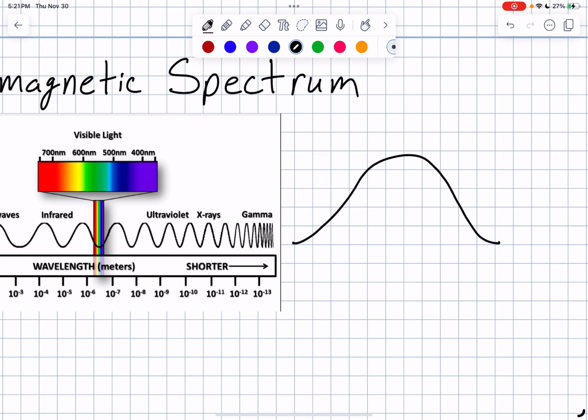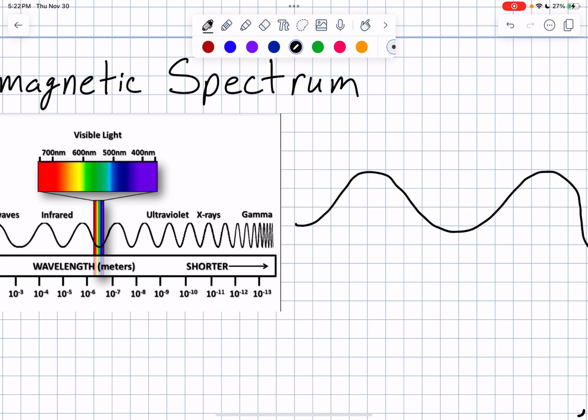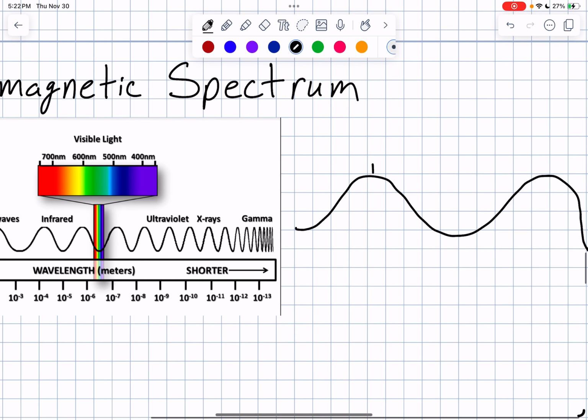We have a wave. If I go from peak to peak, or trough to trough, or middle to middle, it doesn't matter, the distance between two waves is referred to as the wavelength. Makes sense. It's the wave and it's the length of the wave.